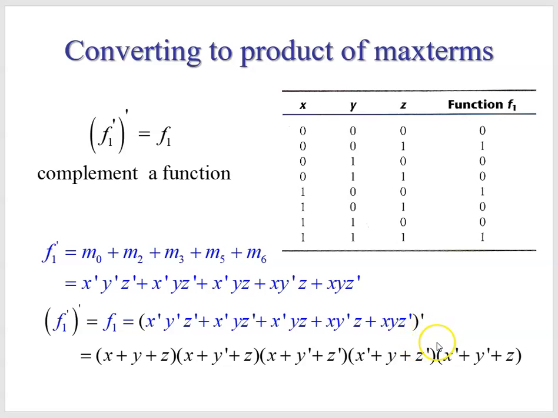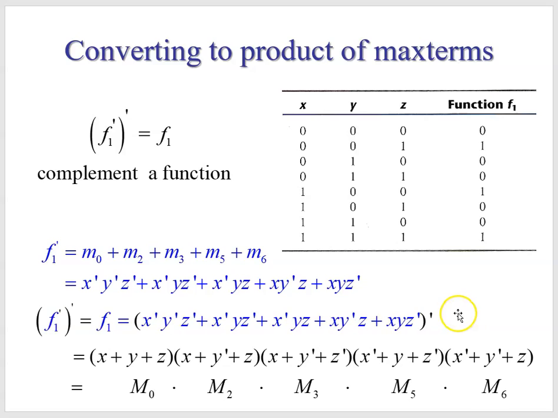This is De Morgan's theorem twice, or taking the complement of the function. And we see then that x or y or z, that's max term 0. X or y prime or z, that's max term 2. And here we have max term 3, where just y and z are primed, max term 5, where x and z are primed, and max term 6, where x and y are primed.